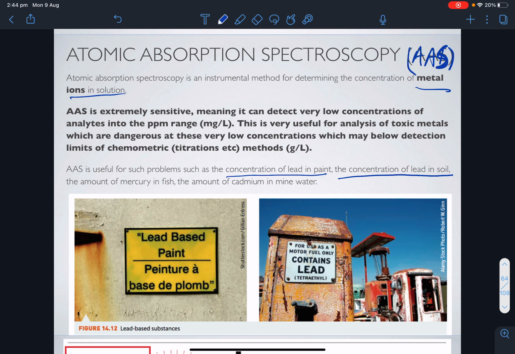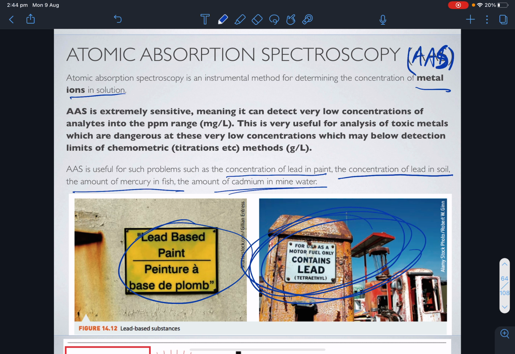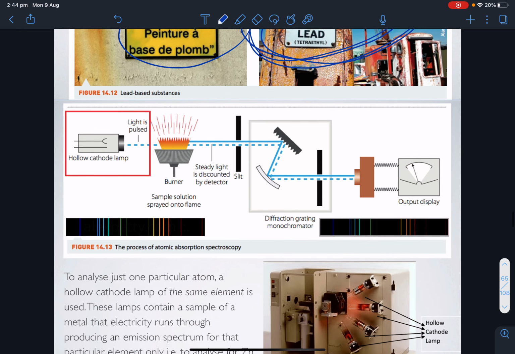So it's a problem around old roadways. The amount of mercury in fish, so mercury getting into waterways from mining and stuff like that. And the amount of cadmium in mine water. So remember, we were talking about heavy metals in mine water at the beginning of this chapter. Okay, so lead paint contains tetraethyl lead from the fuel. Those types of problems come up all the time.